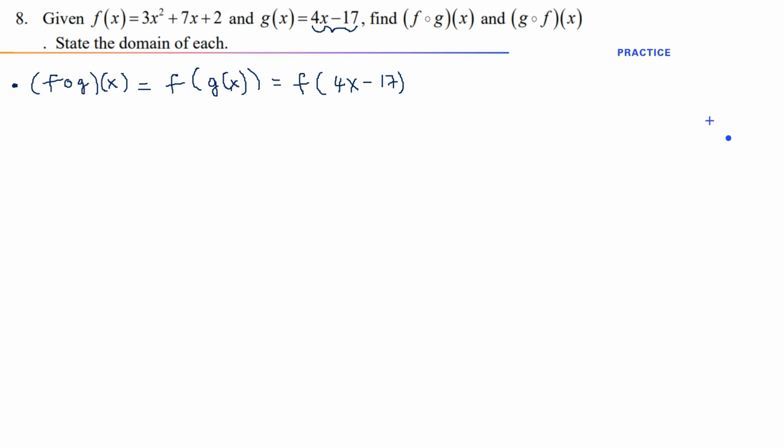And what is that? f of x is 3 times whatever is inside, which is 4x minus 17, squared, right? And then plus 7 times x, where x now is 4x minus 17, plus 2.